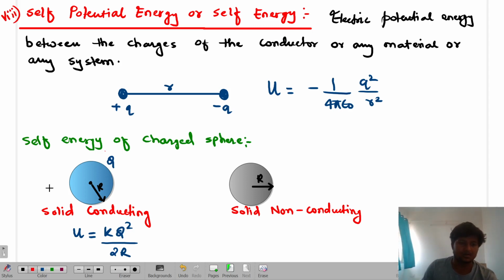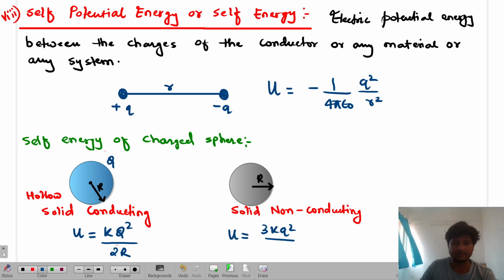हाँ. So if it is hollow or solid, both are the same, we know. Think of why it is kq square by 2r. Got it? Is that clear? For solid non-conducting, it is U is equal to 3kq square by 5r.